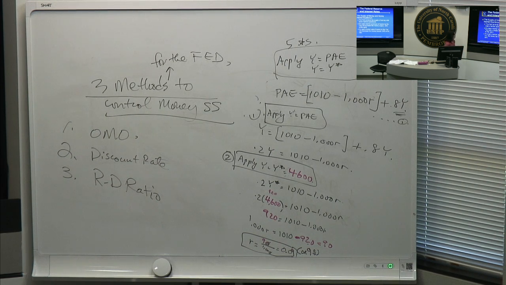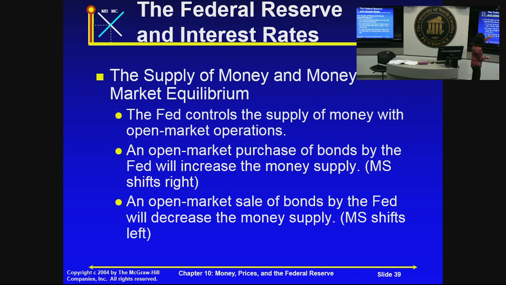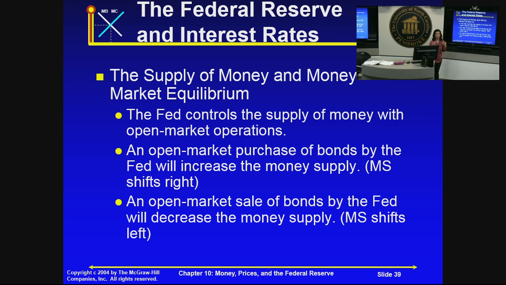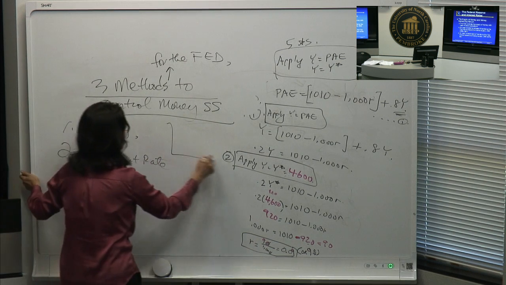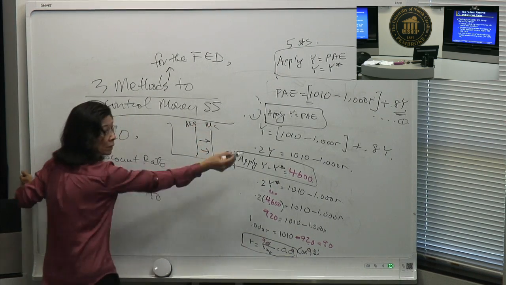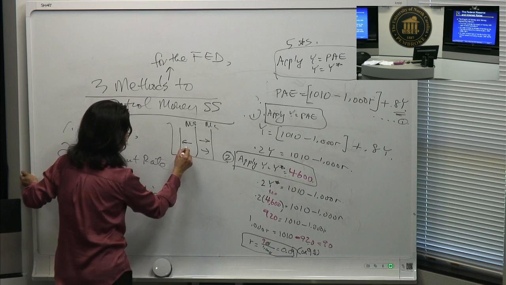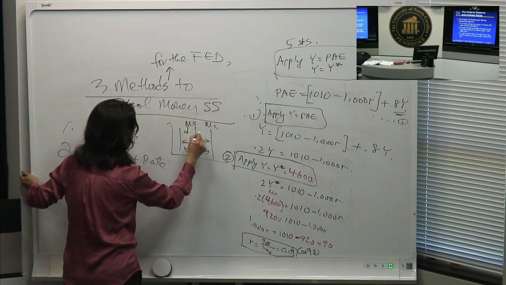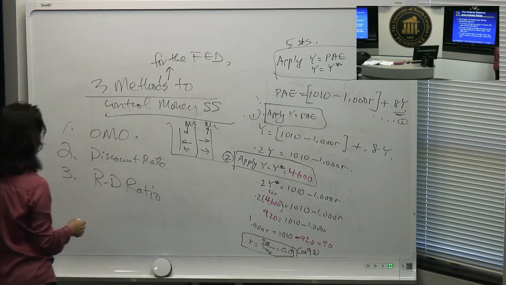OMO is, remember, the government buying bonds from the public or selling bonds to the public. If it is buying bonds from the public, remember that money supply goes up because it releases money back to the public. So if money supply goes up, according to that diagram just now, the MS curve will shift right, vertically. If it shifts to the left, that will be a decrease in money supply.